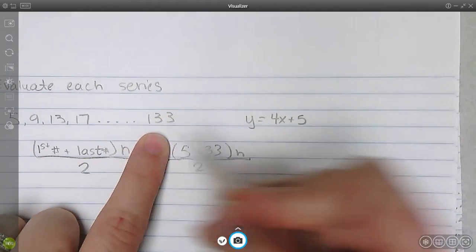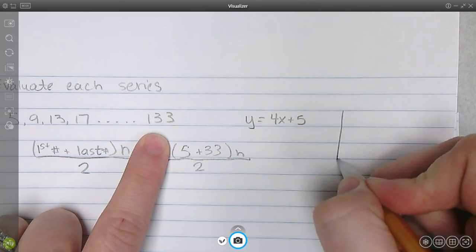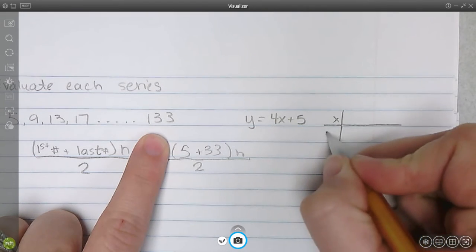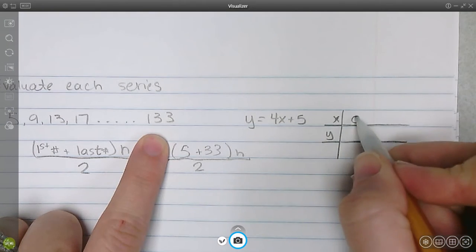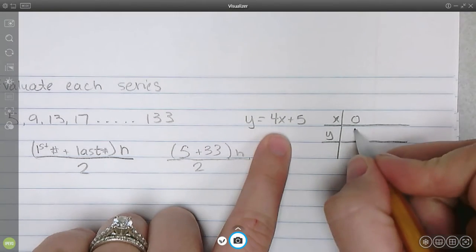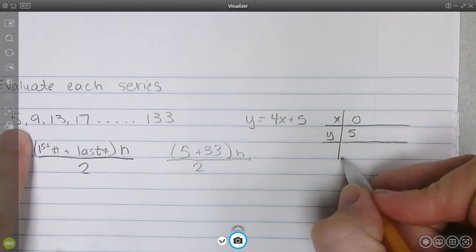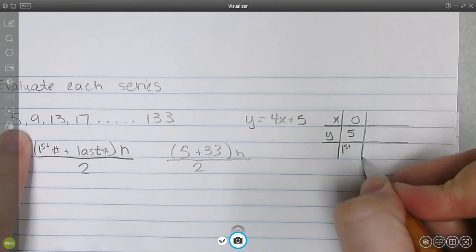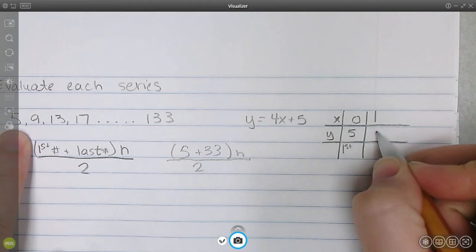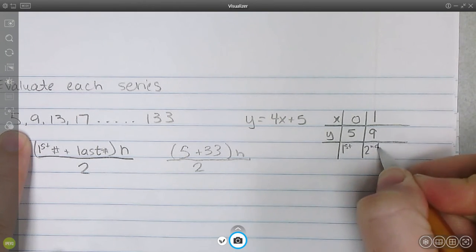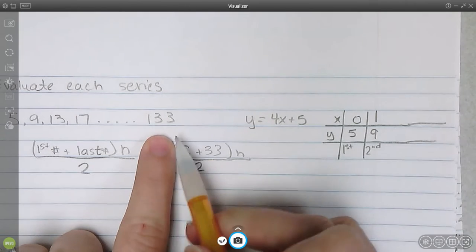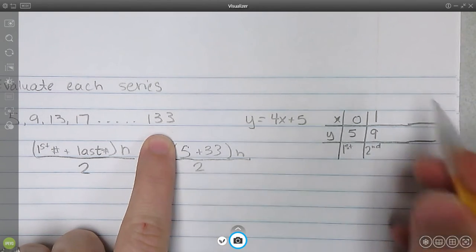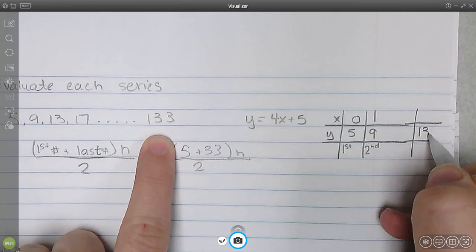So before I get into that, I'm going to make my little table. X, Y. Okay, so if I plug in a 0 to this, I get 5, which is my first term. If I plug in a 1, I get 9, which is my second term. So this 133 is a y value, so that would go here.